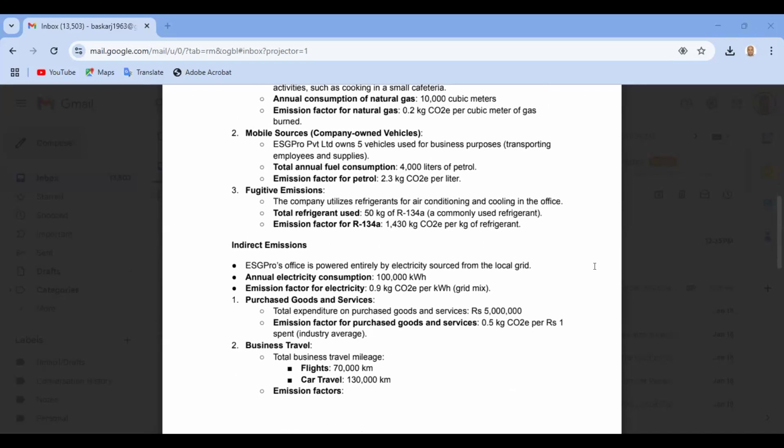Mobile sources, company-owned vehicles. ESGPro owns 5 vehicles used for business purposes, transporting its employees and supplies. Total annual fuel consumption is about 4,000 liters of petrol. Emission factor for petrol is 2.3 kg CO2 equivalent per liter.